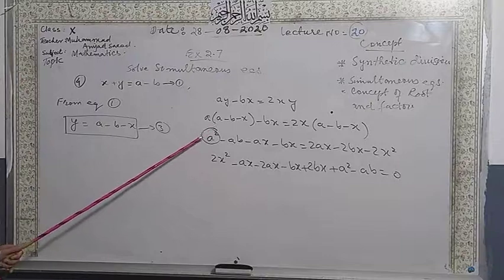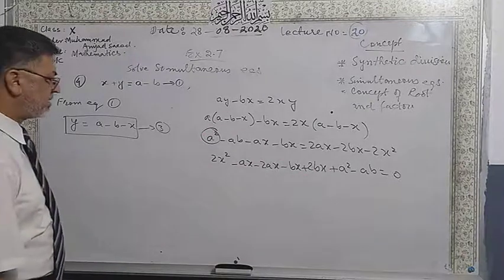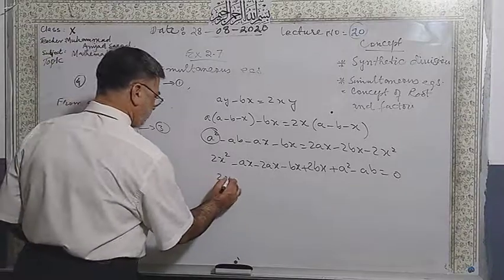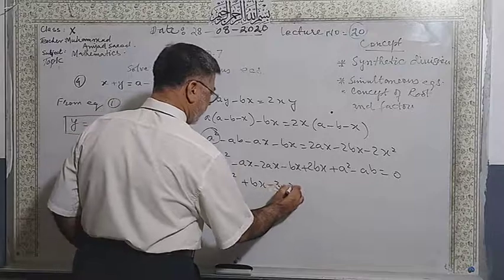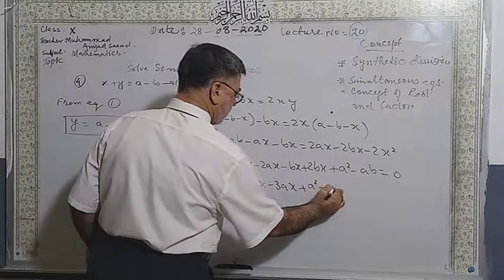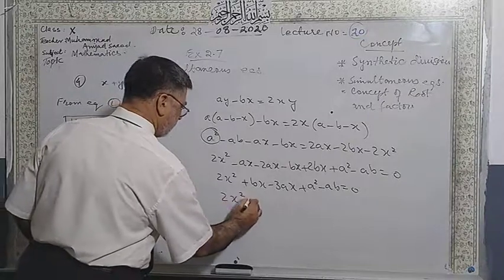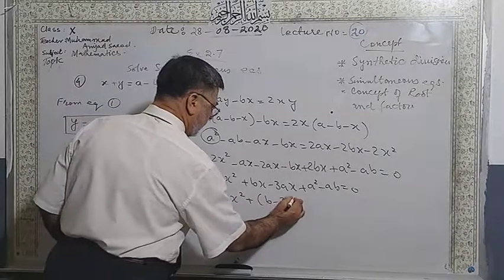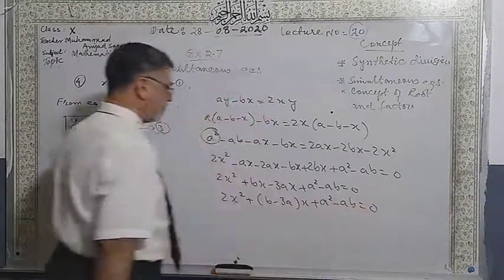That was the reason, a square was missed. So 2x square plus bx minus 3ax plus a square minus ab is equal to 0. 2x square plus (b minus 3a) into x, plus a square minus ab is equal to 0.